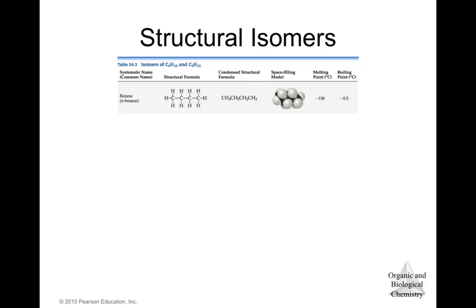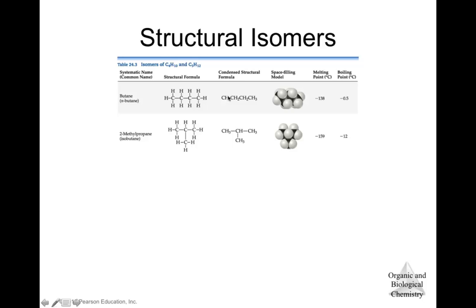Now, there is another option for molecules that have 4 carbons, and it's this one. In this one, we have a chain of 3 carbons, and instead of one CH2, one of the hydrogens has been substituted with a CH3. So here we have propane, because the longest chain now is 3 carbons instead of 4.